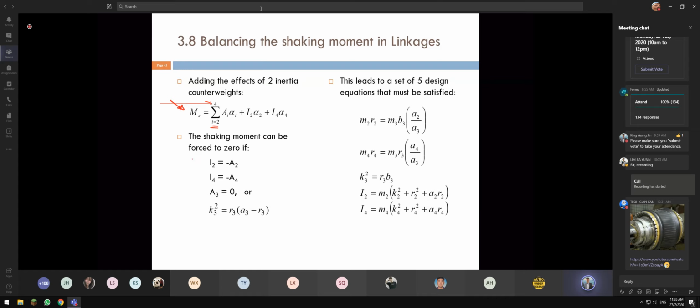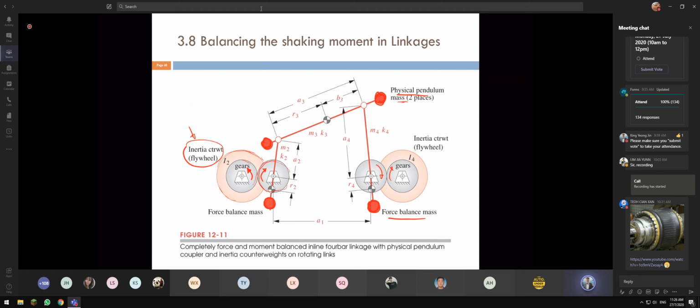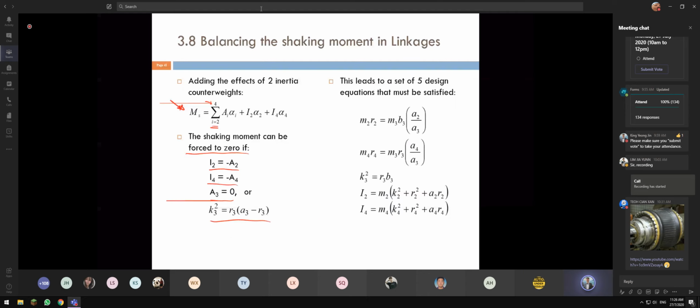The shaking moment can be forced to 0 if I2 is equal to negative A2, I4 is equal to negative A4, A3 is equal to 0, or we set K3 squared equal to R3 times (A3 minus R3). So there is an A3 here and the R3.